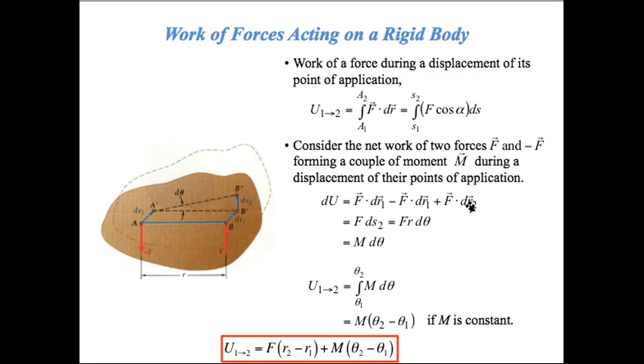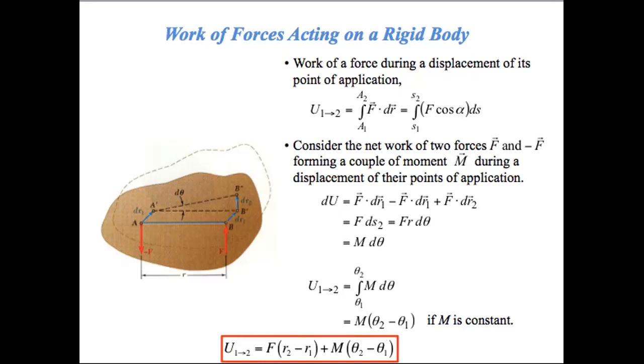The summation of these terms we can write as F times ds2. Instead of ds2, we can write r times d theta. As you can see, force times r as a distance is M. So we have M times d theta. So the work from point 1 to 2 is the combination of this equation and that equation. Now we have found the work of forces in the rigid body.